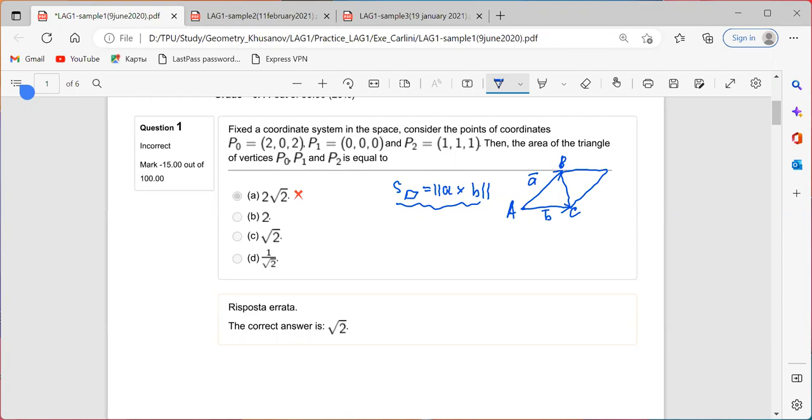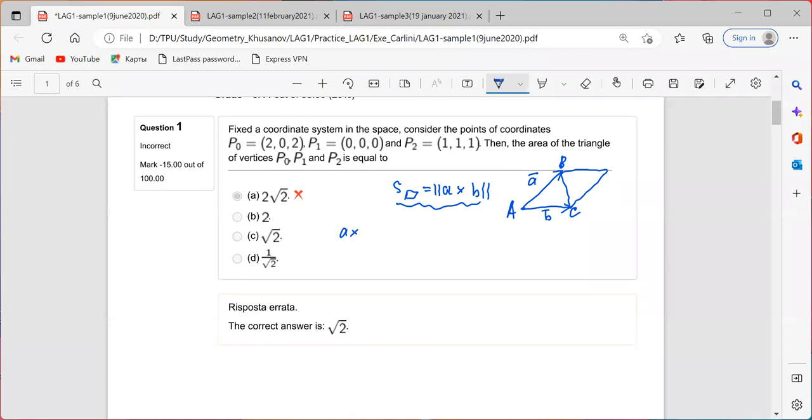Now we can check. So now how can we compute the cross product of A and B?